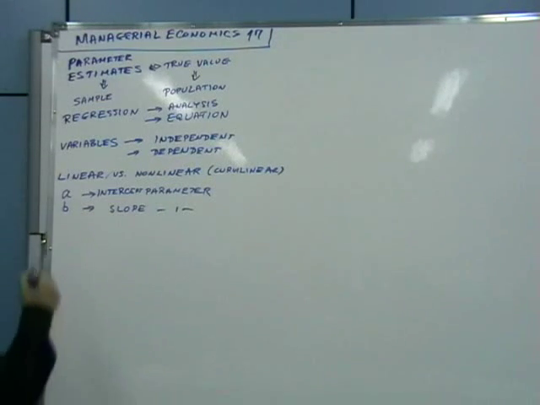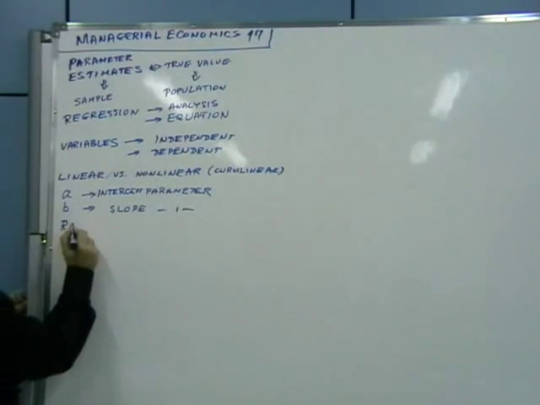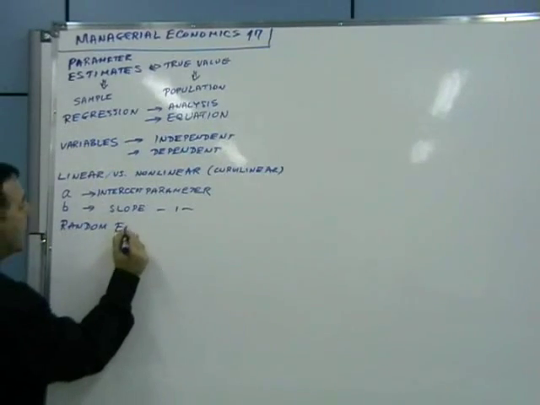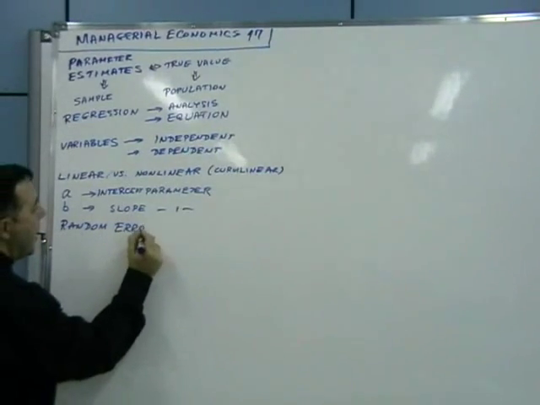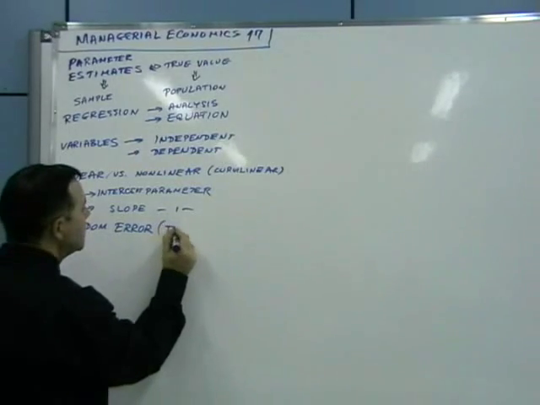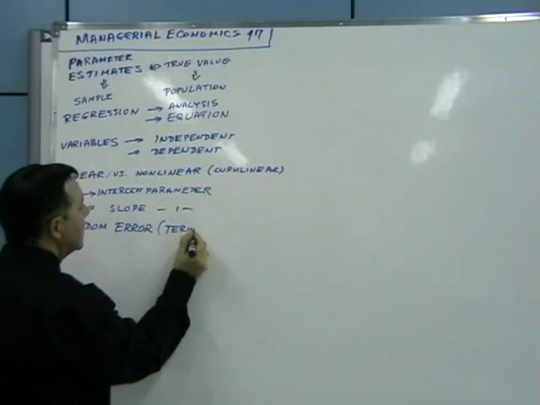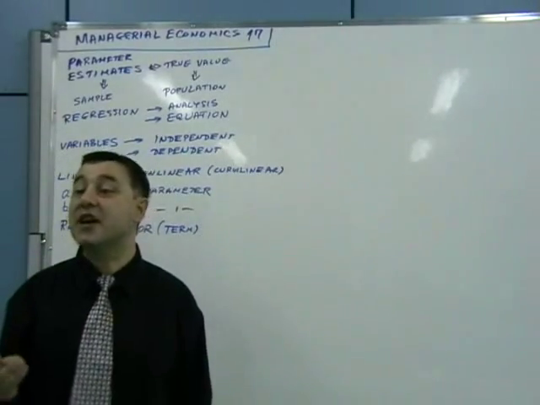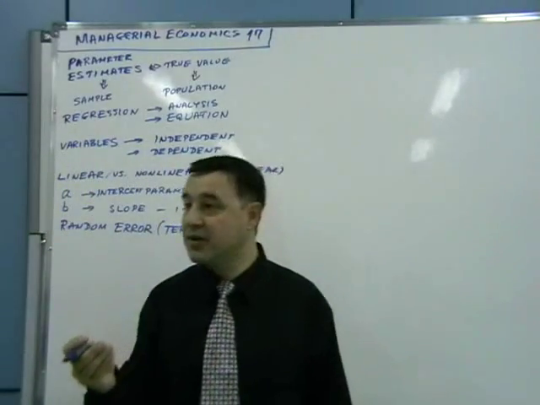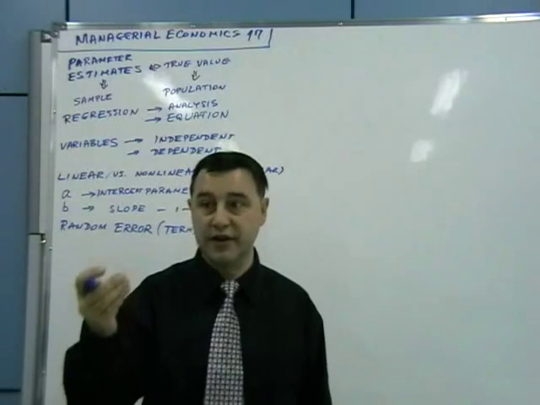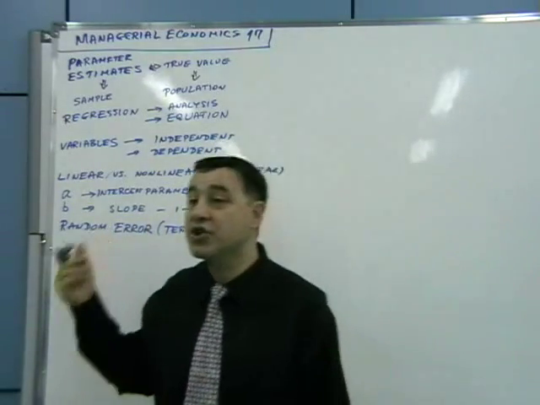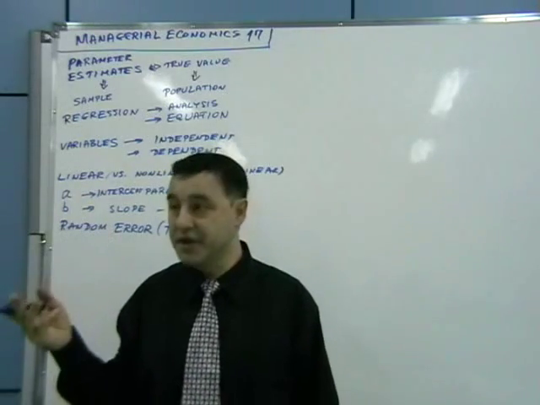Then we have random error, and sometimes it is called the random term. It captures the effects of other variables which do have an effect, but we have not included in the equation for some reason.